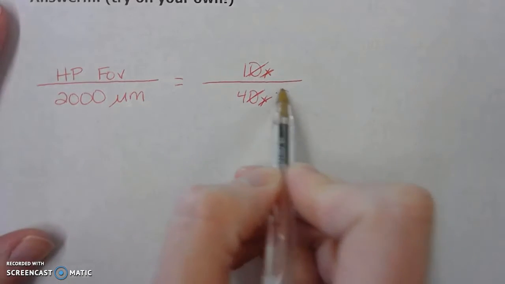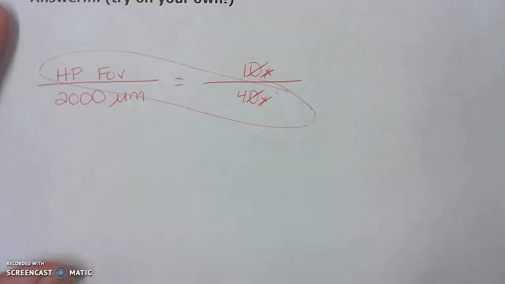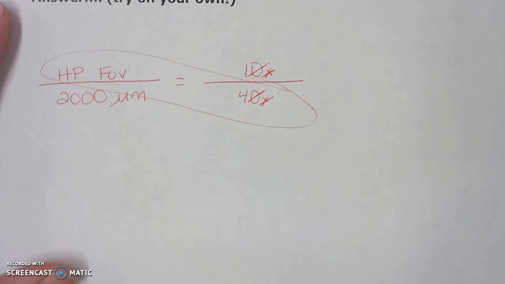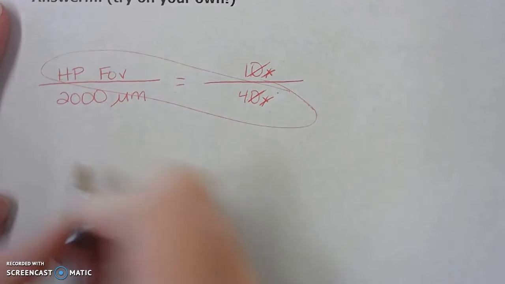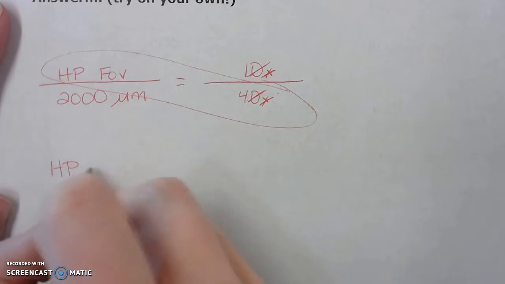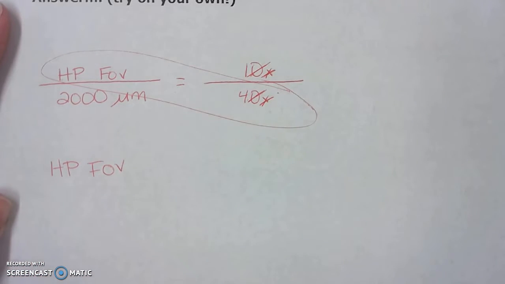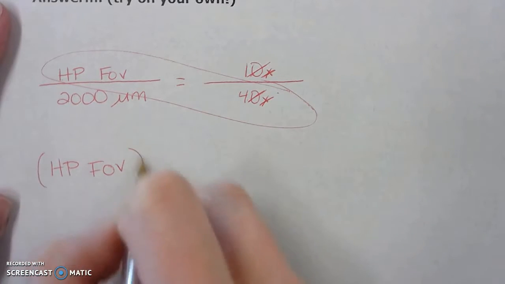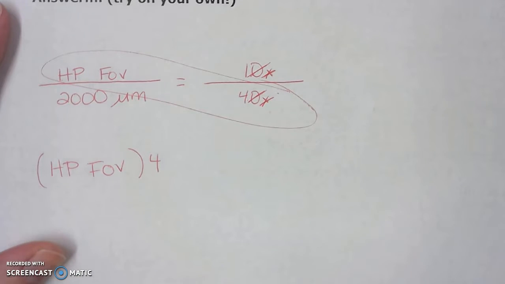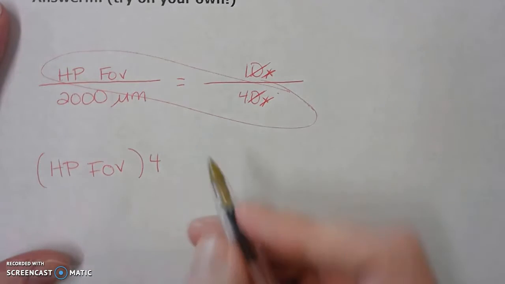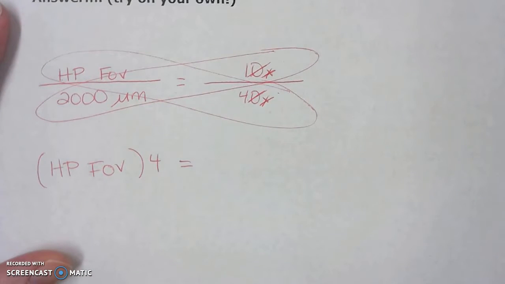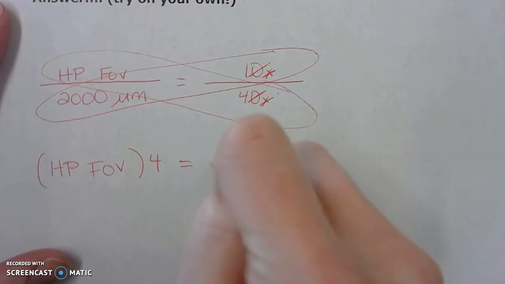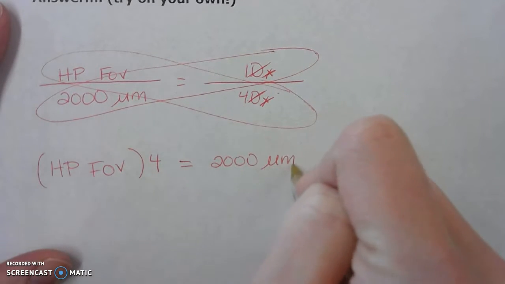That means you need to multiply this together. So you have the high power field of view times 4. I'm going to put HP FOV in parentheses, times 4, equals, then you multiply this information, which is 2,000 micrometers times 1, which is just 2,000 micrometers.